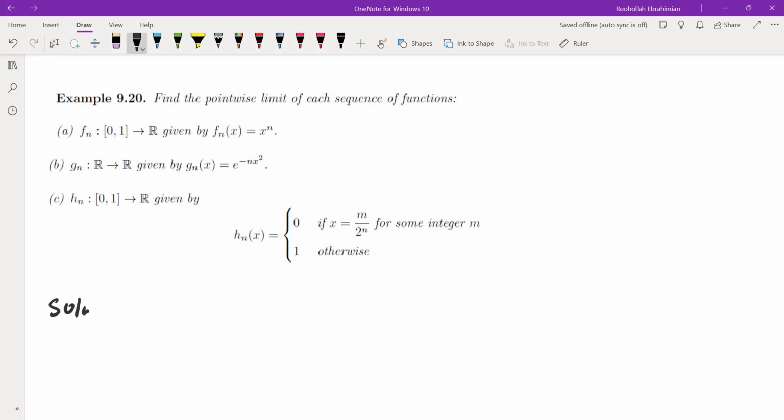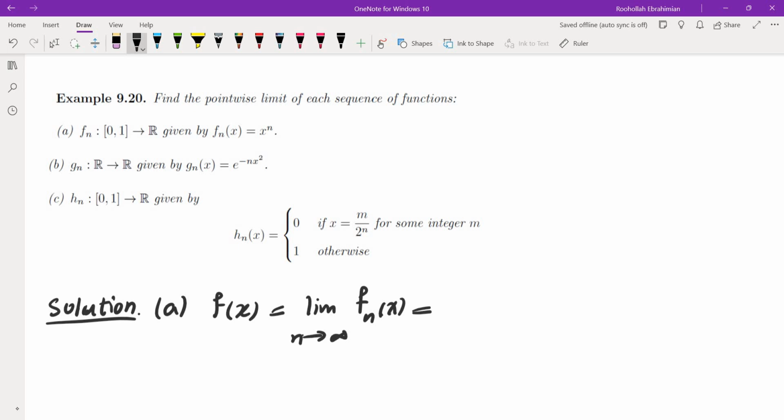Okay, so the first example is a sequence of functions f_n from [0, 1] to R given by f_n of x equals x to the power of n. So if you look at f of x, that would be the limit of f_n of x as n approaches infinity, which is the limit of x to the power of n as n approaches infinity.